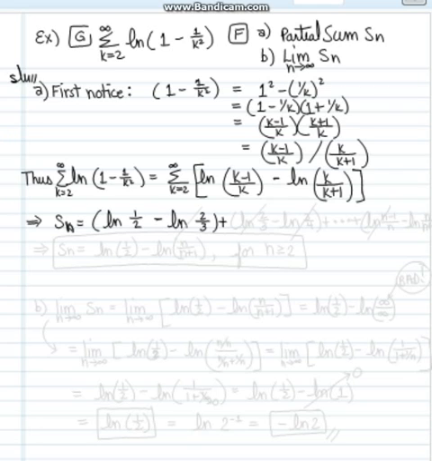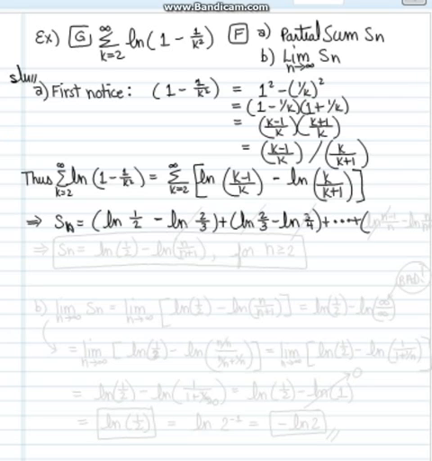Add that to the term when k is equal to 3. We get the natural log of 3 minus 1, which is 2 over 3, minus the natural log of 3 over 4, plus dot, dot, dot, until we get to the nth term.